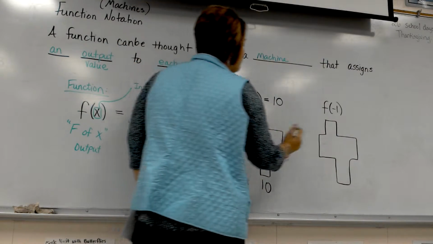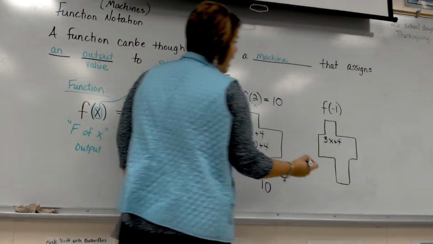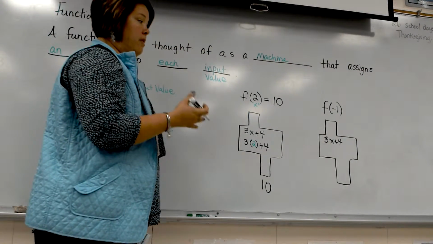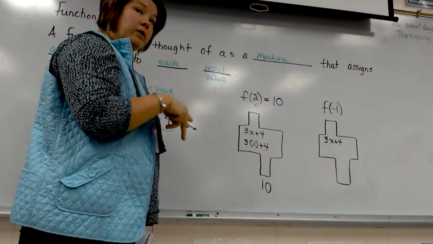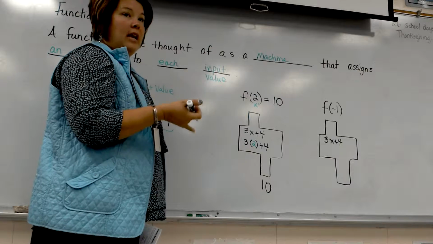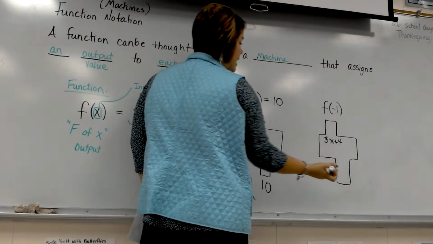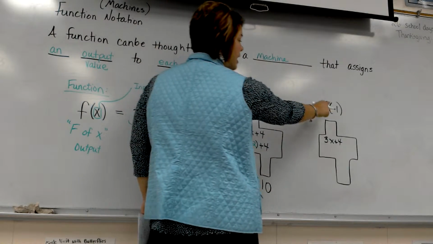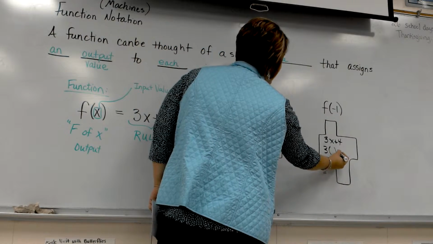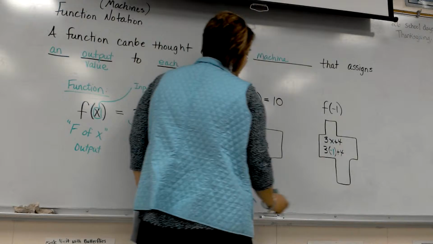So let's try it again. Using the same function, the same rule, we've got our 3x plus 4. And by the way, I will give you the function every time. You will have to be given that to be able to find out what the output value is. I'll also have to give you the input value. So you'll be given the function and you'll be given the input value. Here's my function. My input value this time is -1. So everywhere I see an x, I'm going to put that input value, which in this example happens to be -1.